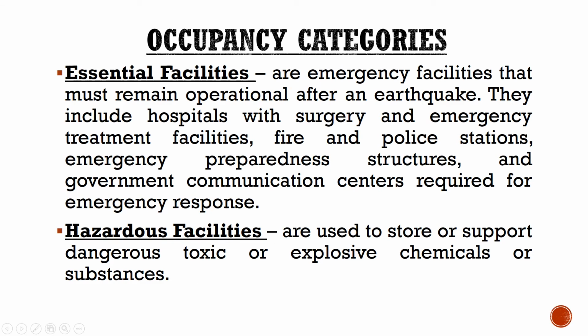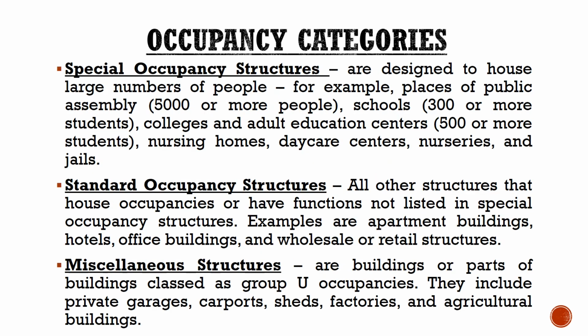Next, hazardous facilities are used to store or support dangerous, toxic, or explosive chemicals or substances. Special occupancy structures are designed to house a large number of people, for example places of public assembly. If 5,000 or more people, it falls under special occupancy.